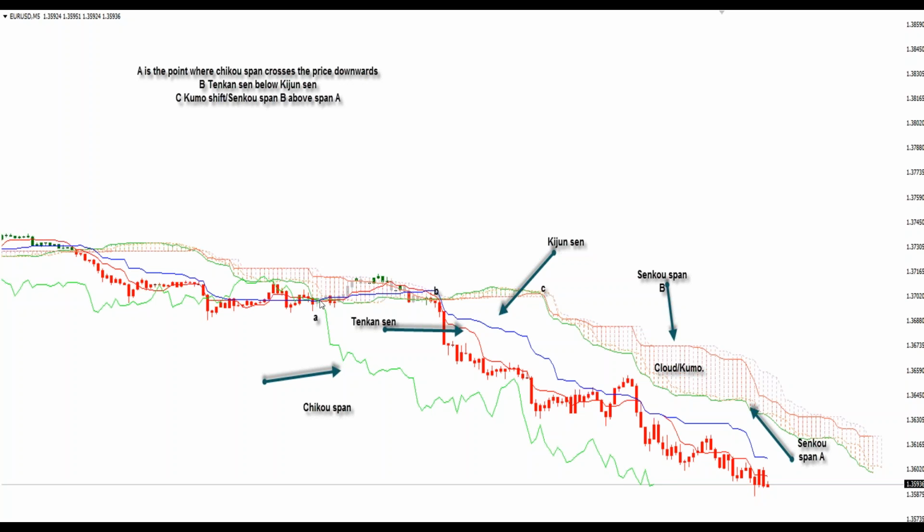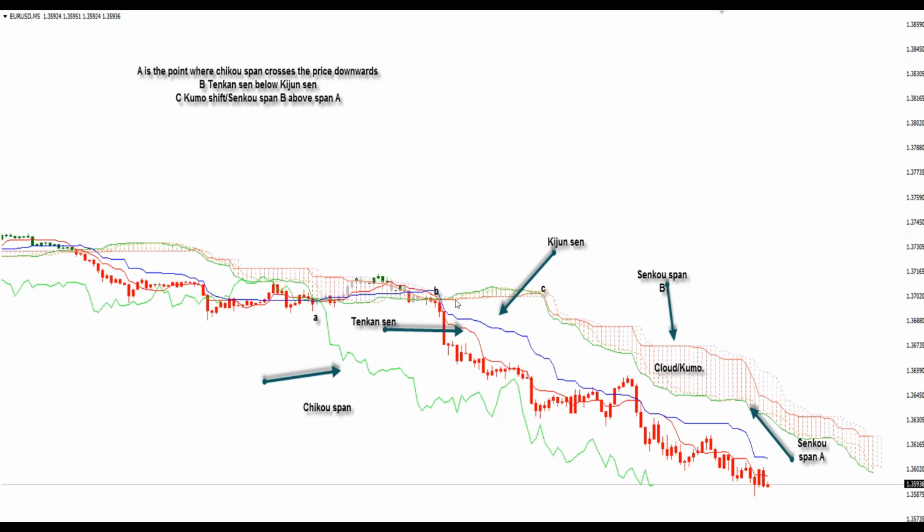Now, if you see that Senkou span A is below Senkou span B, that means the price should be below it for a downtrend. If the price is within the cloud, it means there is a consolidation and you don't trade. So you need to wait for the price to exit from consolidation, go up or down. I will use this example because price goes down, and then trade accordingly.